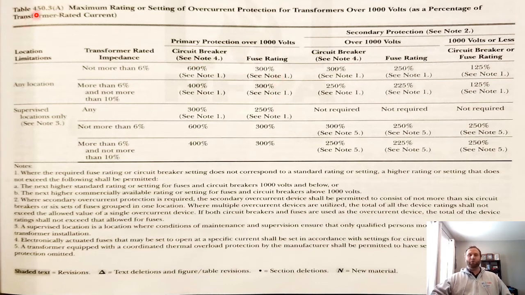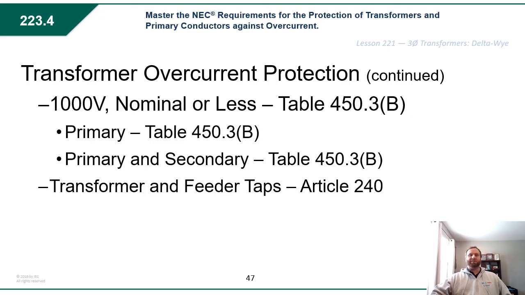So that's table 450.3a. That's for over 1,000 volts. If it's under 1,000 volts, 1,000 volts nominal or less, you're going to use table 450.3b. Primary, you're going to use table 450.3b. For primary and secondary protection, 450.3b as well.